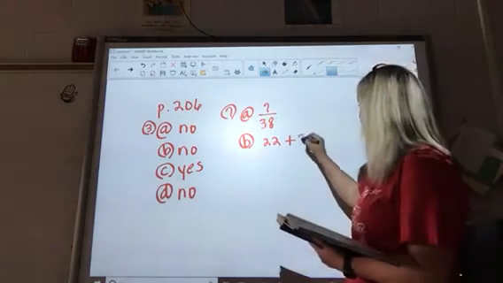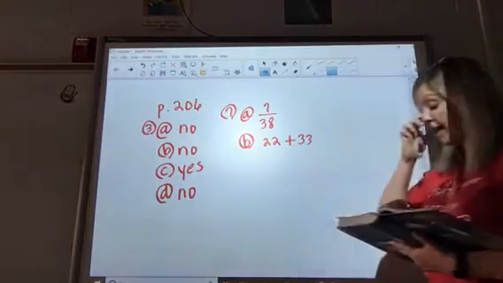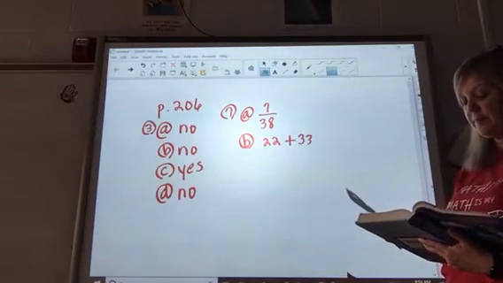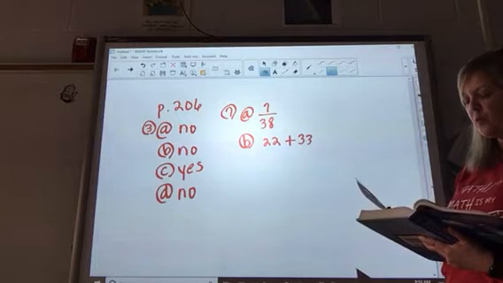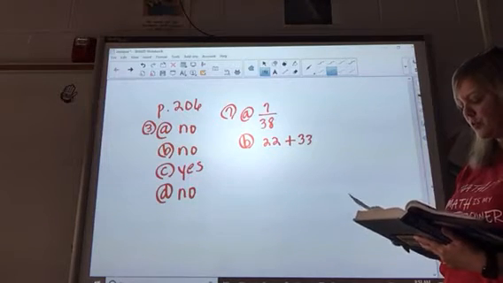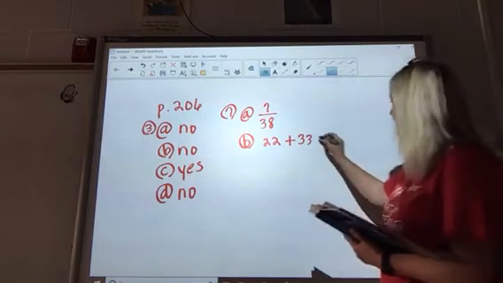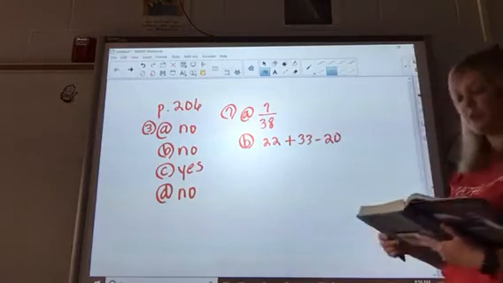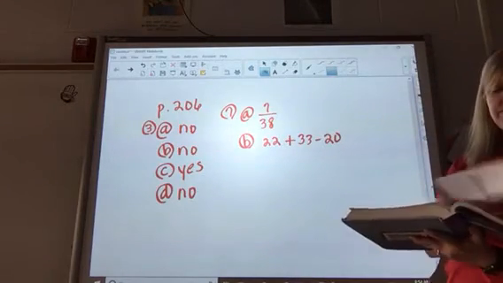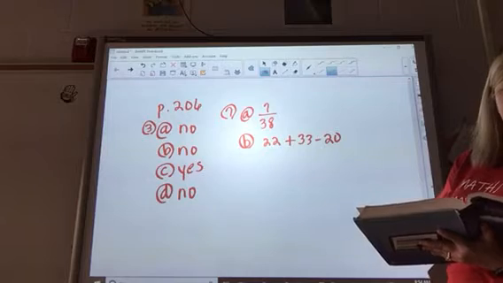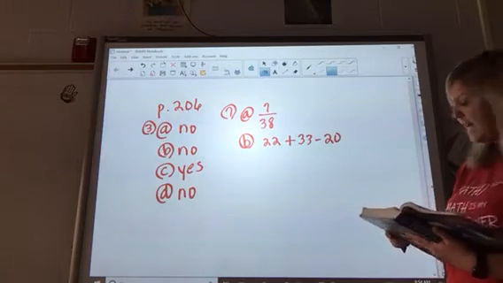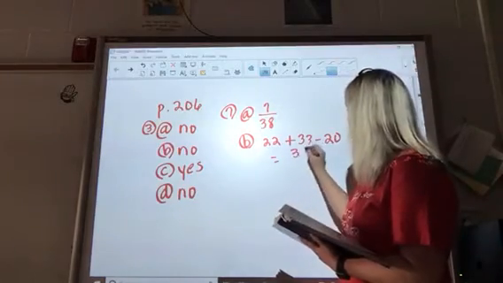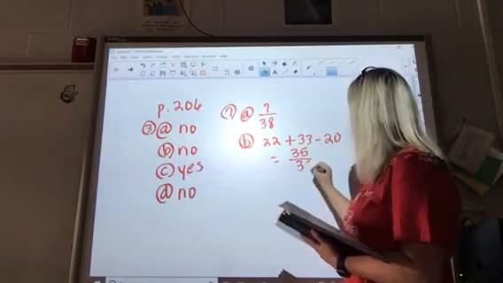That's 33. But I added the number of orthopedists already, which is 20. So I have to take that off because that's an overlapping event. So this is a case of that second rule when they're not mutually exclusive. All right, if I add that, then I would get 35 out of a total of 38.